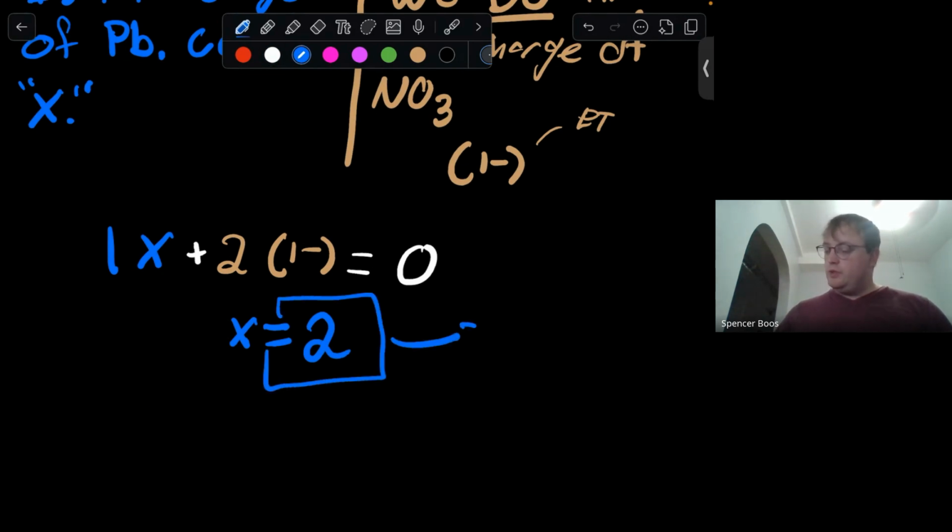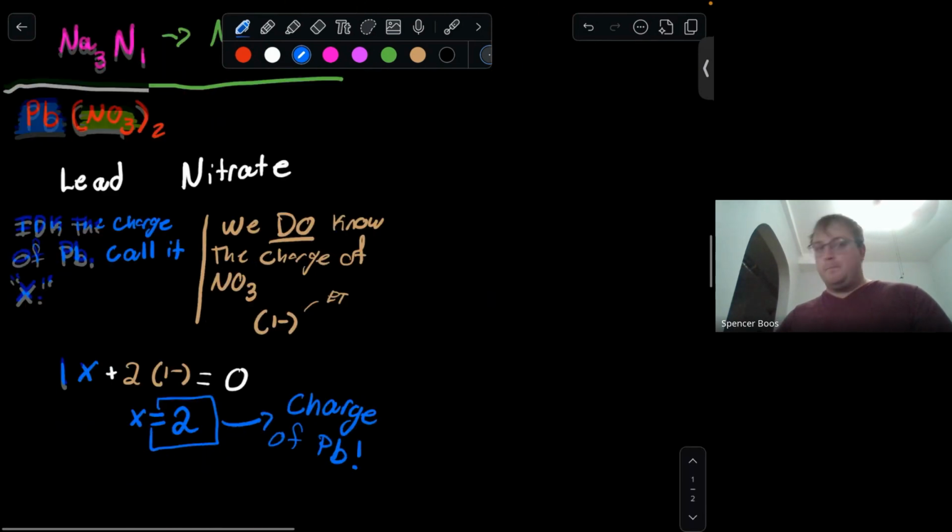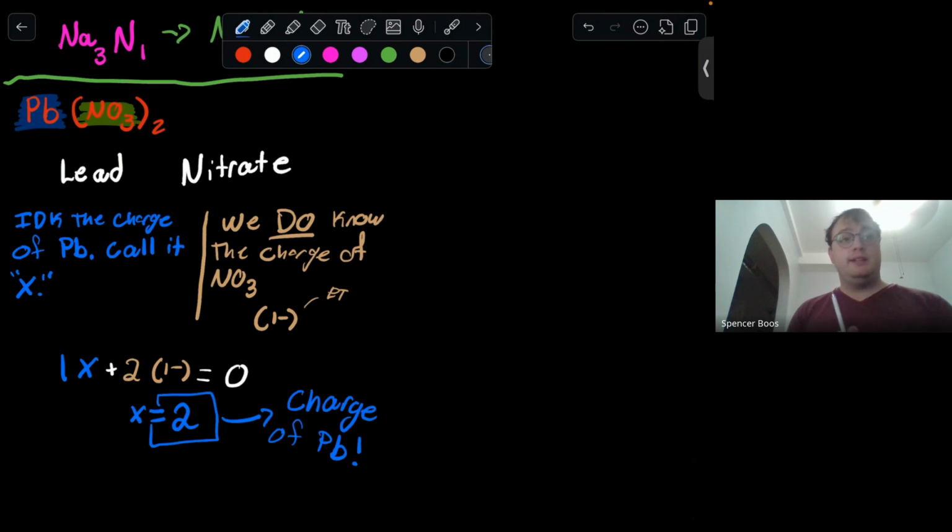Now, this 2 is the charge of Pb. Now, heading back up here, the important reason why we needed this is because we need to denote what charge this lead has that we're working with.